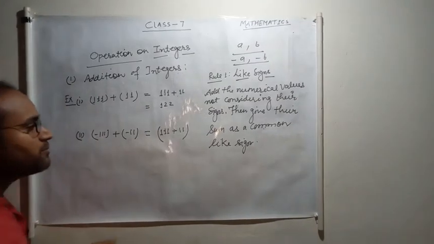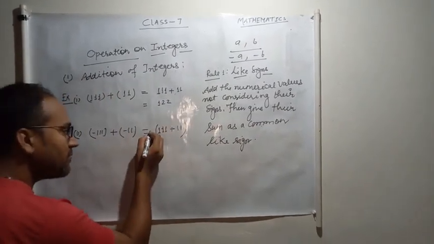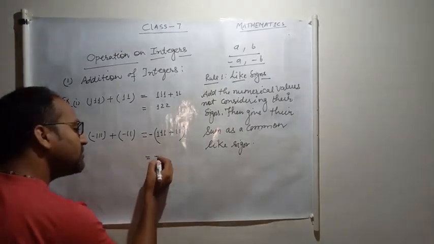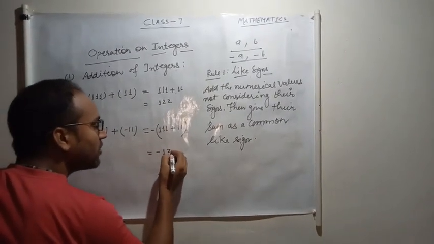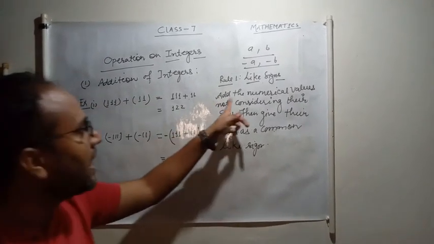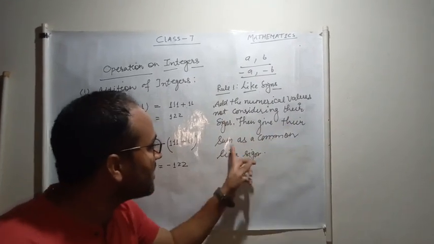Add these and put the common like sign before the sum. Here I am putting the minus sign. So what will you get? Minus 122. This is very useful for you.